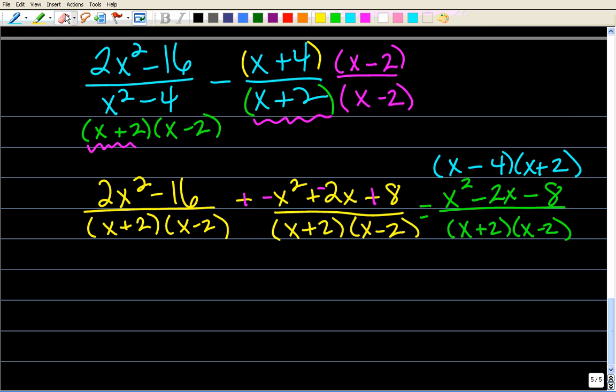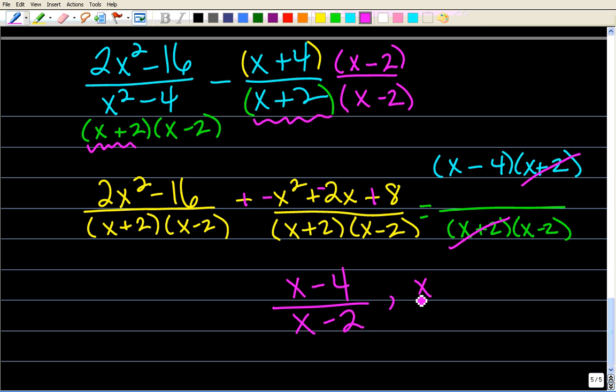We've factored that. So now we have x minus 4 times x plus 2 over x plus 2 times x minus 2. Things cancel here. Do you see what it is? The x plus 2's cancel out. So now what we have is x minus 4 over x minus 2.